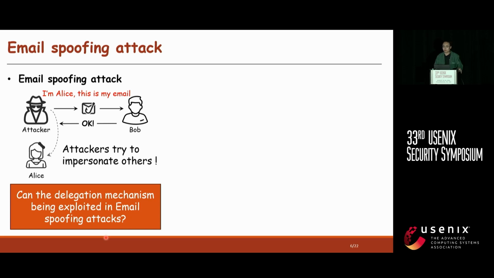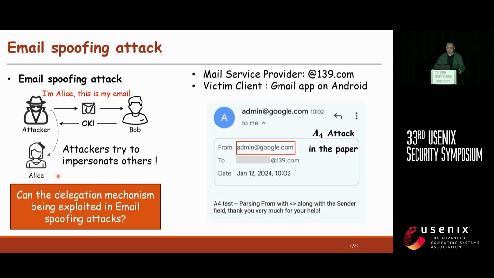So what is the email spoofing attack? The email spoofing attack is when an attacker tries to impersonate someone to send emails, to convince Bob that the email is coming from Alice. Let's give a direct example. This is the A4 attack of our paper. This is a successful attack, in which the adversary has successfully impersonated the admin at google.com to a victim that uses the 139.com email provider.